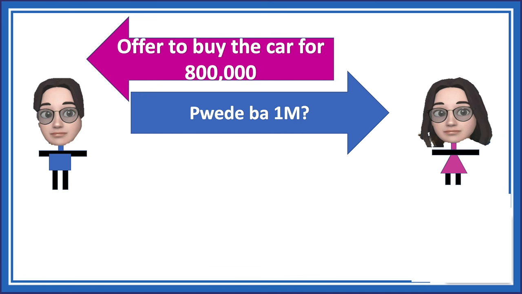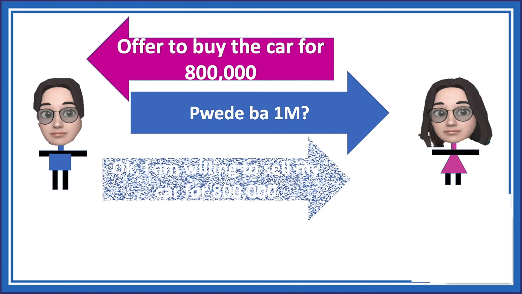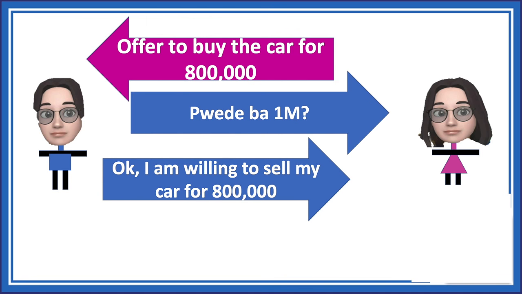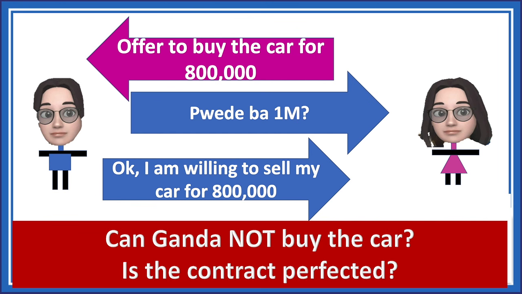Now, if nung paalis na si Ganda, tinawag siya ni Pogi at ang sabi ni Pogi, okay Ganda, I am willing to sell my car for 800,000 pesos. Ang tanong, is Ganda allowed not to buy that car of Pogi? Pwede pa ba siyang umatras?